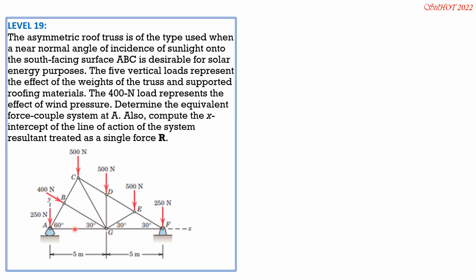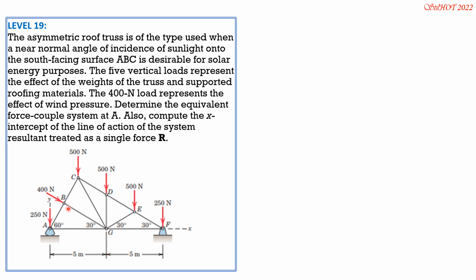So therefore, we can cancel all these 5 loads and replace them by 2,000 newtons, 500 plus 500 plus 500 plus 250 plus 250, downward at G or any point along the line of action, but it should be at G.